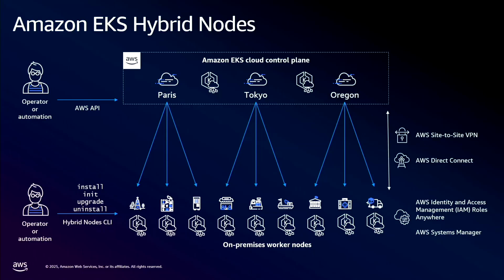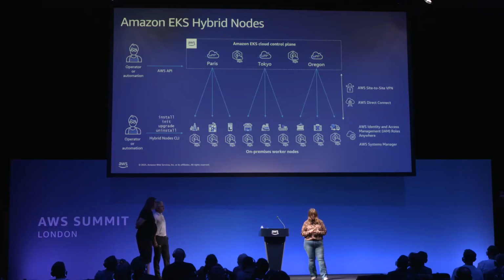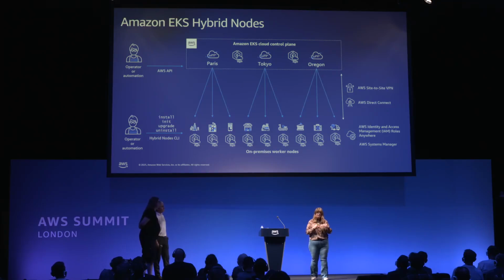You also need to have a redundant network connection between your control plane and your data plane. Now, this needs to be performant, so you need to have good bandwidth for that connection, and we recommend either using a site-to-site VPN, so your own or an AWS one, or using Direct Connect to make sure you've got that good, consistent network connection between the cloud and your on-premises nodes.